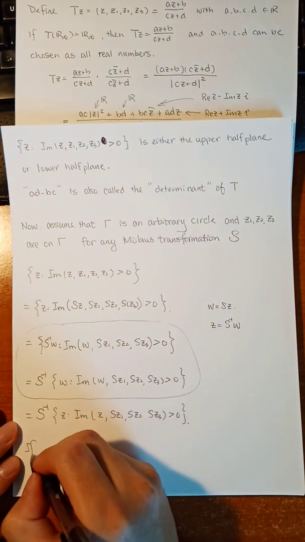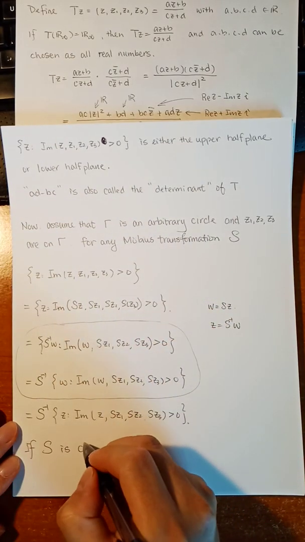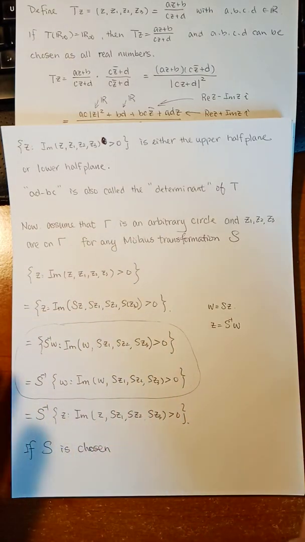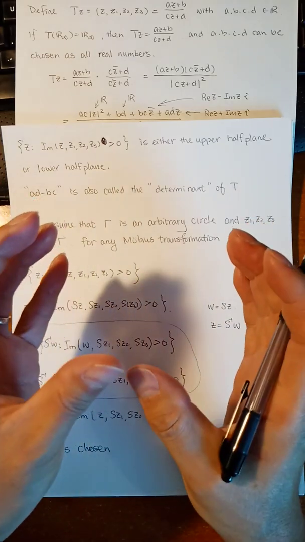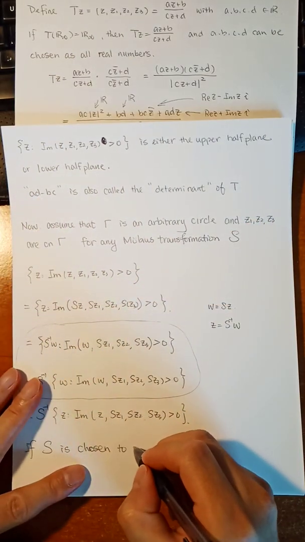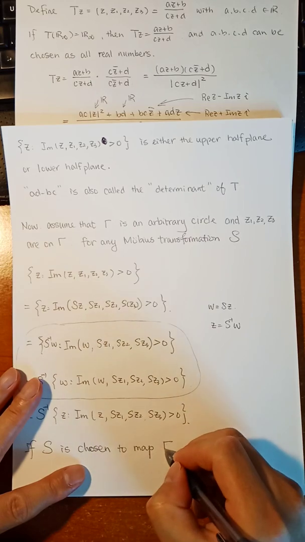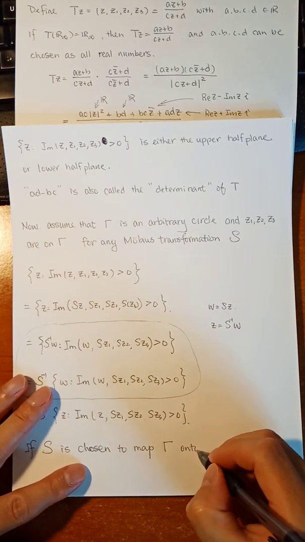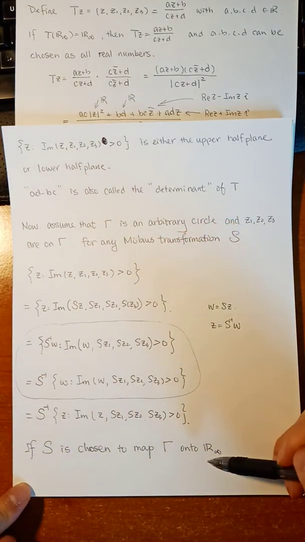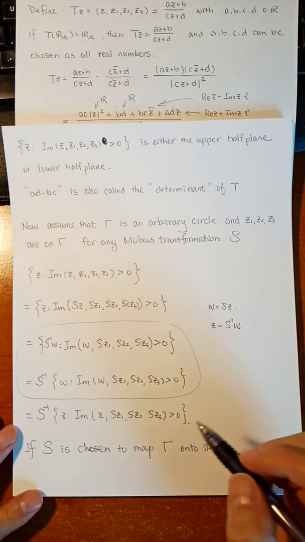Remember we can choose S to fit some pairs of circles. If S is chosen to map gamma onto R infinity, so we're trying to map gamma to R infinity, then what?